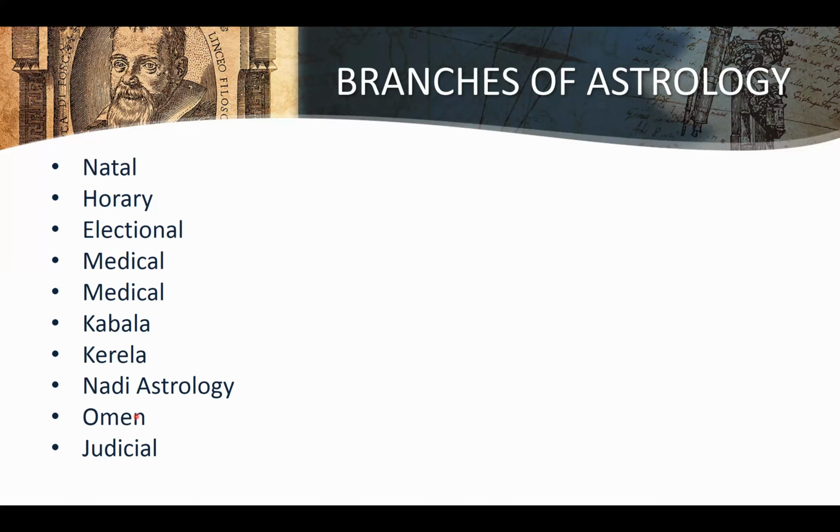We have Omen also as a branch of astrology. So omens are also a very good indicator of predictions. They may agree with the results obtained by either the Horary or Kerala branch of astrology.